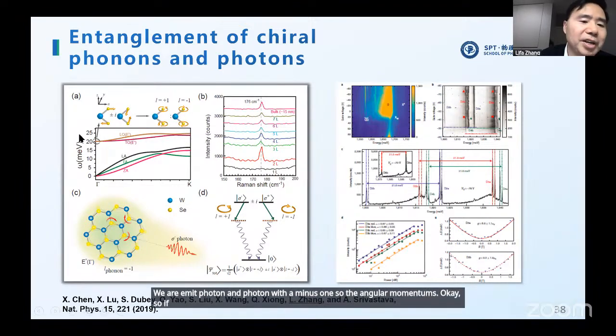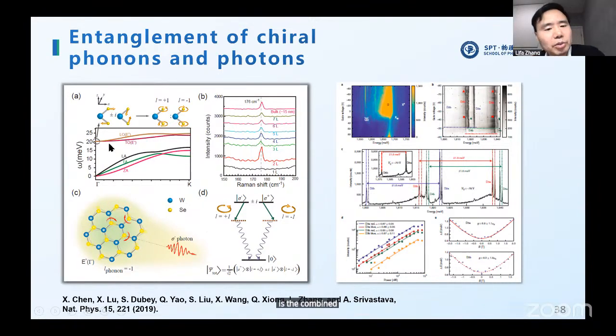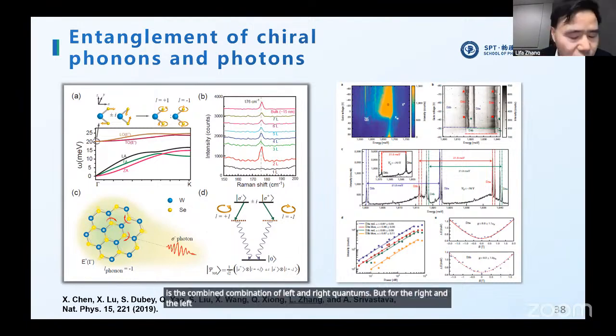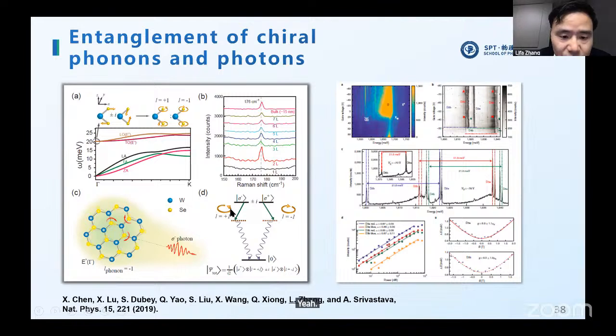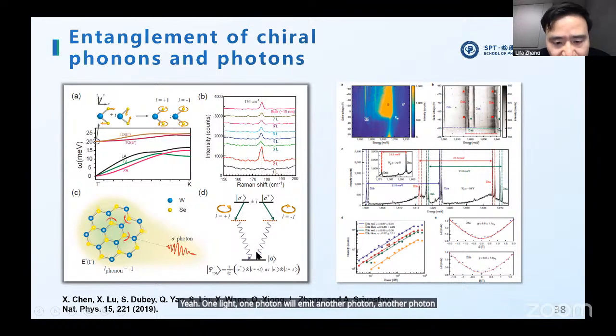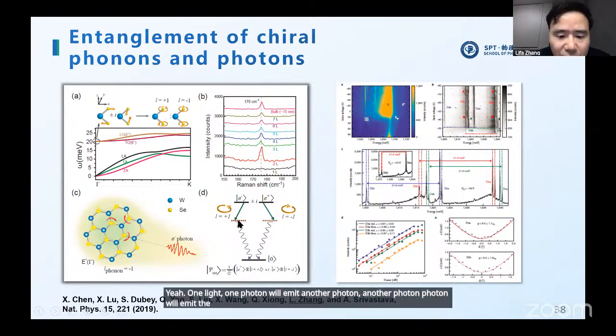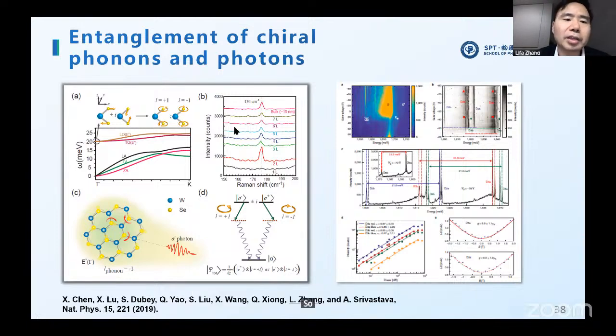If we inject linearly polarized photons, the linear photon is a combination of left and right photons, and the left and right emit different phonons. So one emits one phonon and the other emits the opposite phonon, and they become entangled together. So we get entanglement of chiral phonons and photons in these cases.